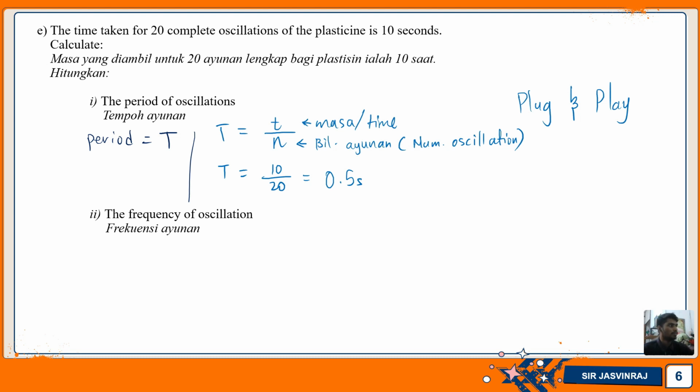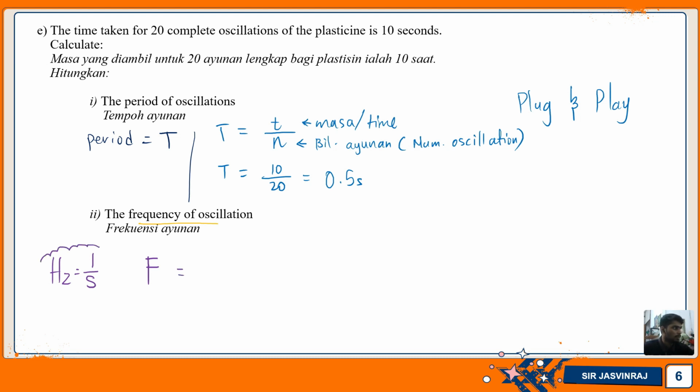Kemudian yang kedua, kita ada frekuensi ayunan. So frequency of oscillation, how to find? Frekuensi maksudnya F. Kita tahu hertz, apa kiraan dia? 1 bahagi saat. Begitulah F pun sama.